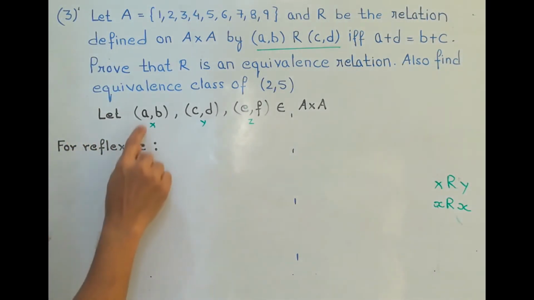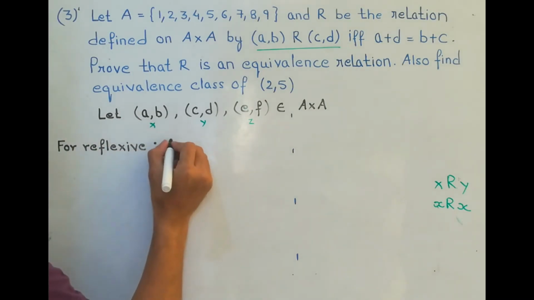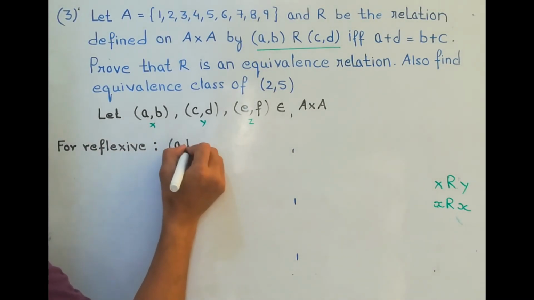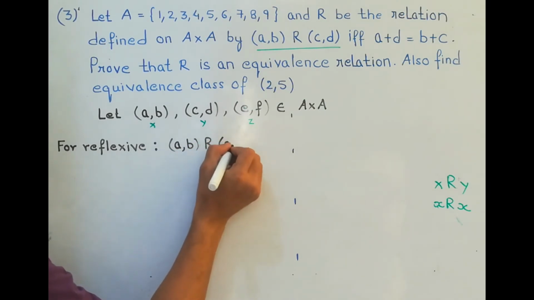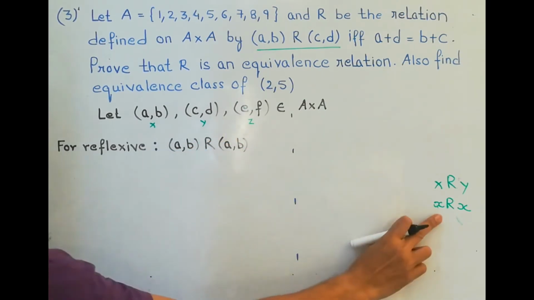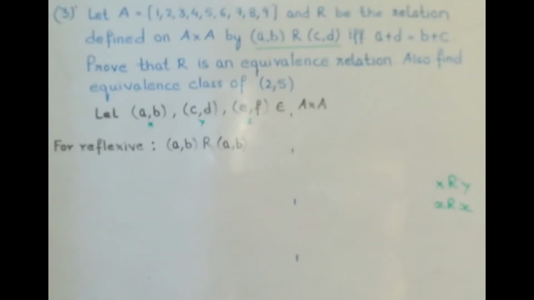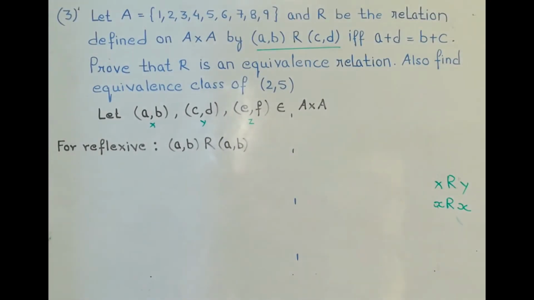So here x is the ordered pair a comma b, so we can take it as a comma b related to a comma b.